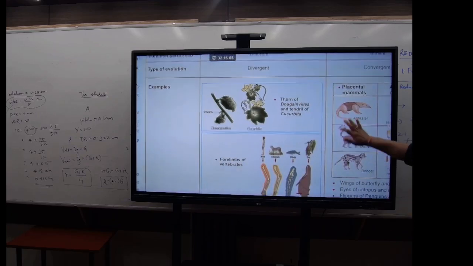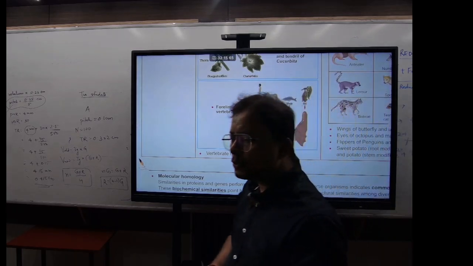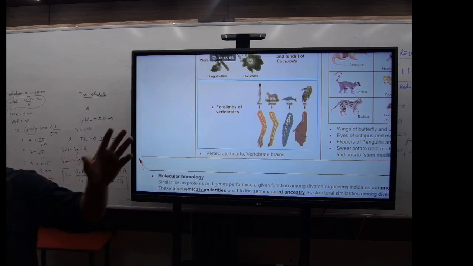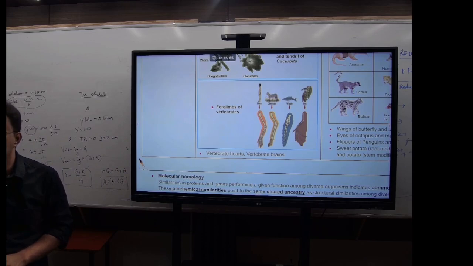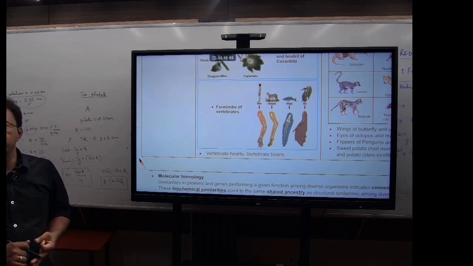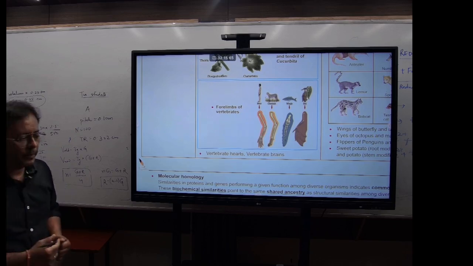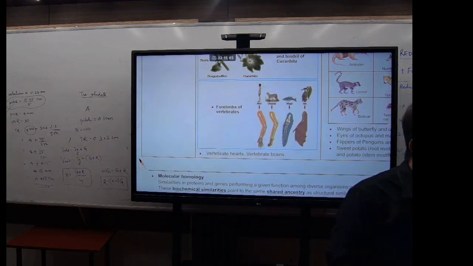For example, look at this one. So homologous organs are those, in simple words, that have same structure but different function. Same structure but different function. The forelimbs of humans, cheetah, whales, and bats all have humerus, radius, ulna, carpals, metacarpals, and phalanges.